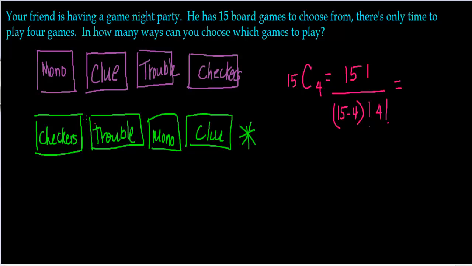Because now, using the same board games I drew here, if the first game I touch is Monopoly, we have to play Monopoly first. Then I chose Clue, so we play Clue second, Trouble third and Checkers fourth.